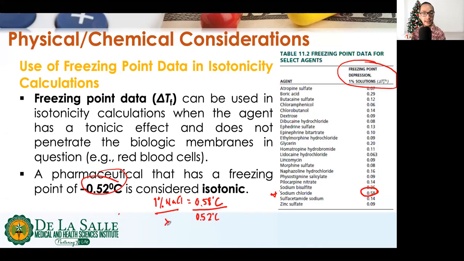X means this is the concentration of sodium chloride that will make an isotonic solution, or a solution having a freezing point depression of 0.52 degrees Celsius. So we simply look for the value of X. So move this here, move this here. So we have 0.52 divided by 0.58.